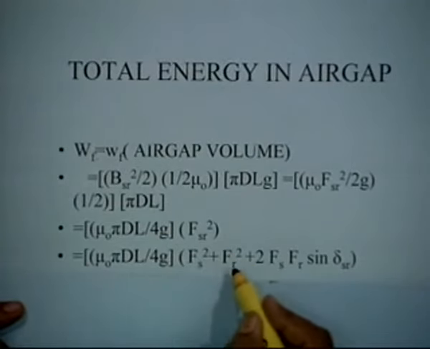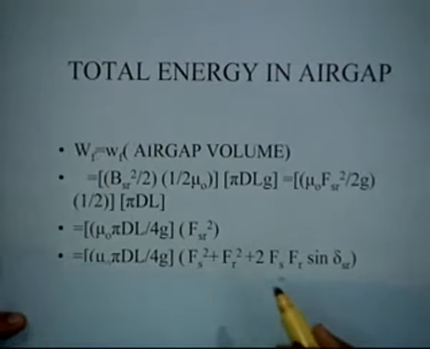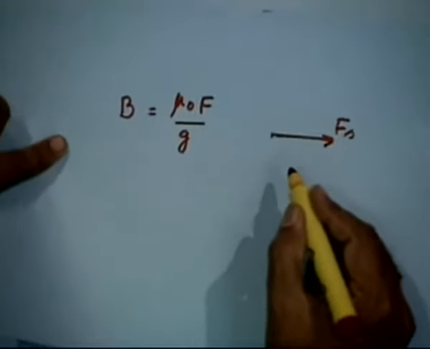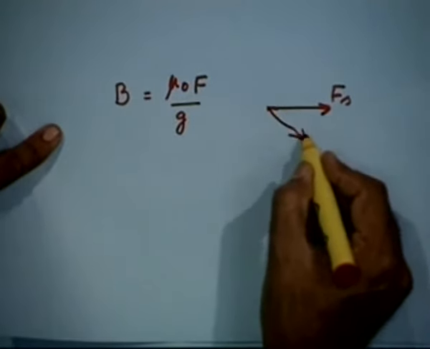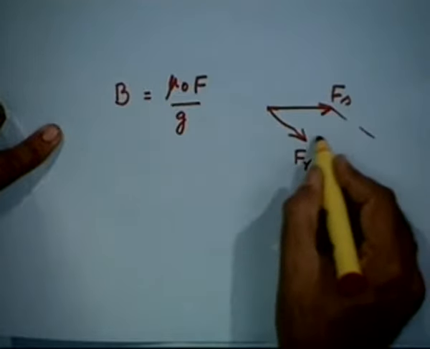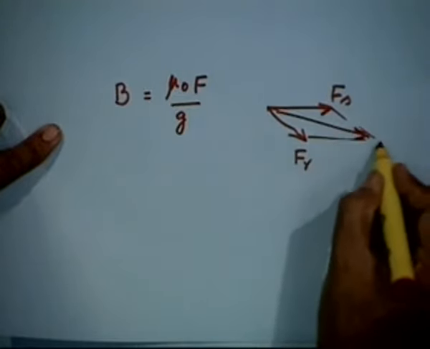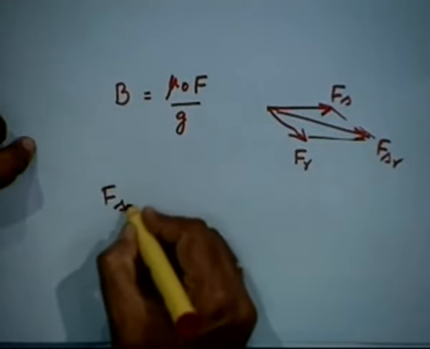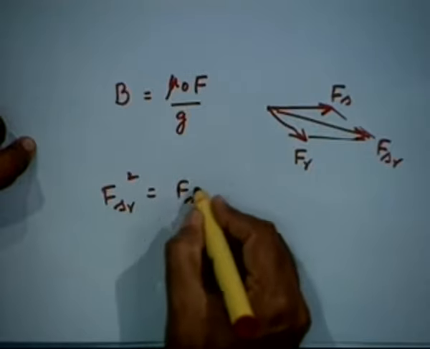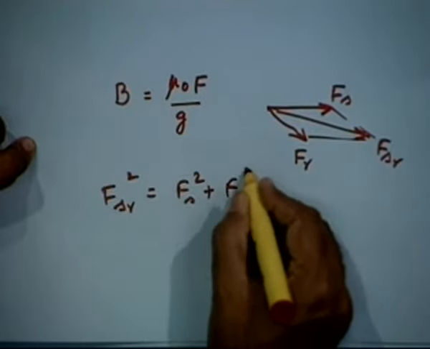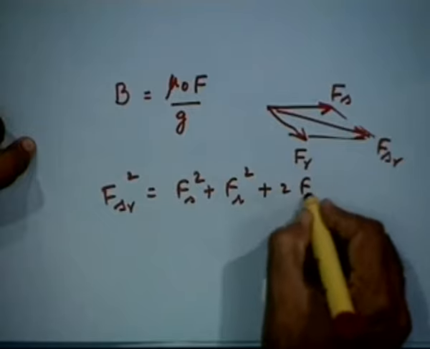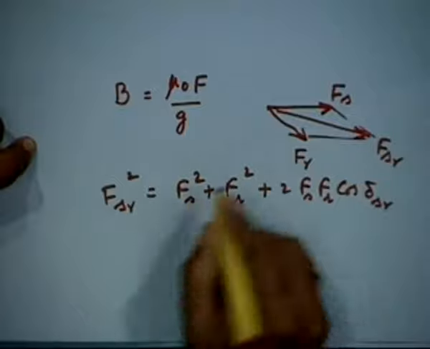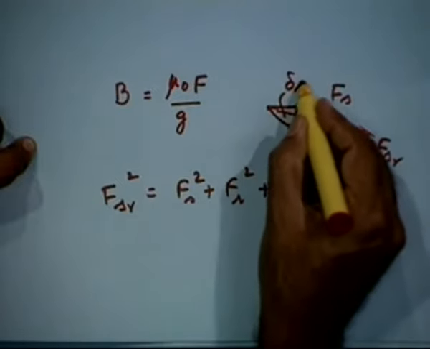But we also know that F_SR² is a result of F_S and F_R, right. We have already identified that F_SR² is nothing but F_S² plus F_R² plus twice F_S F_R cos of the angle between the two, that is this angle δ_SR.